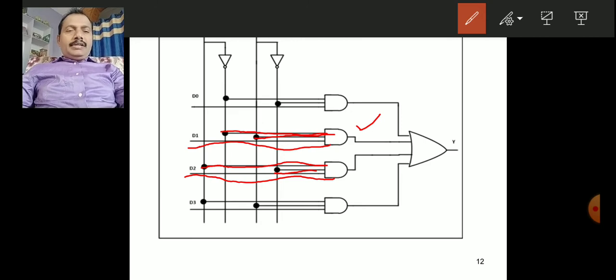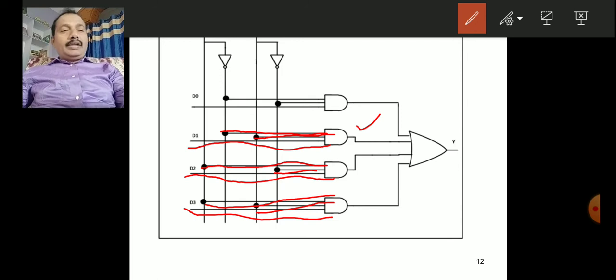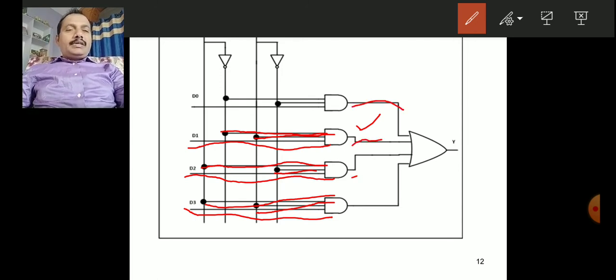And similarly D3, connect D3 to the AND gate and next S1 and S0 lines. You have to connect all these AND gate outputs to one OR gate and finally you will get the required output.